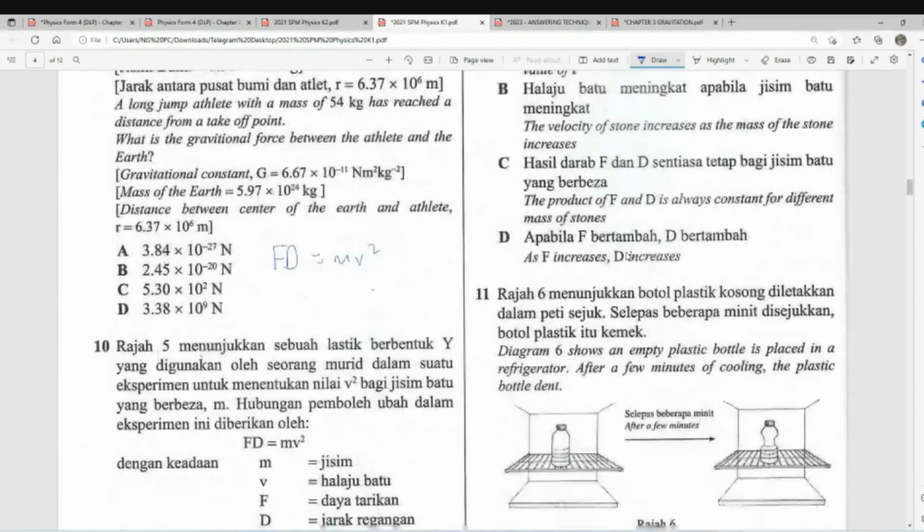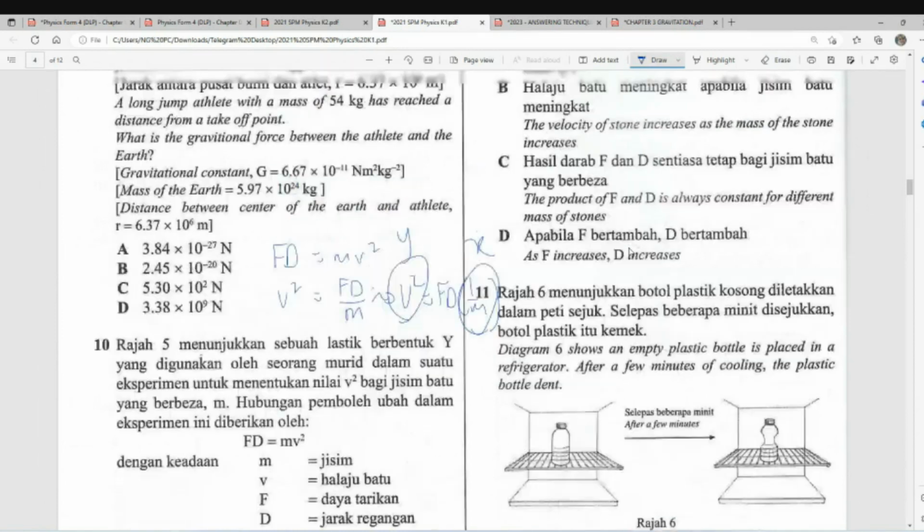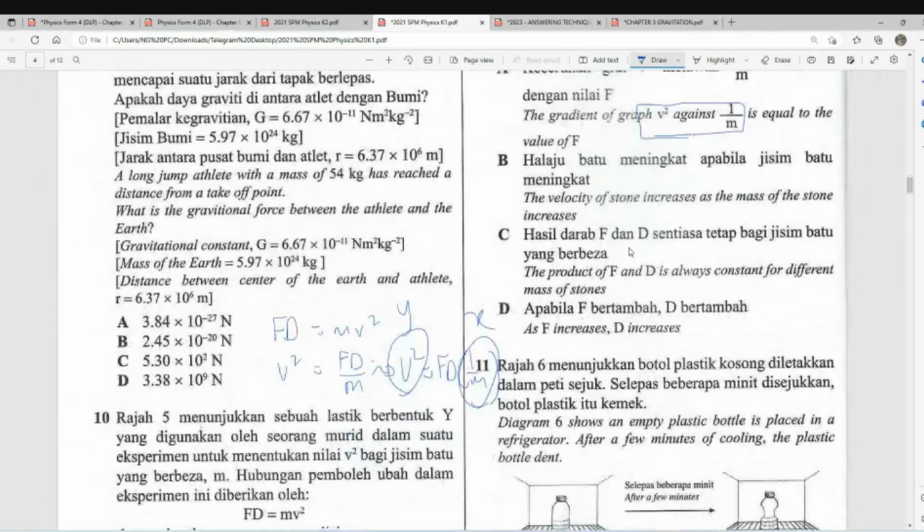So v squared is equal to Fd over m, so you can study it as v squared equal to Fd multiplied by 1 over m. Then when you have the graph, this one is y, this one is x, so the gradient of the graph is Fd.